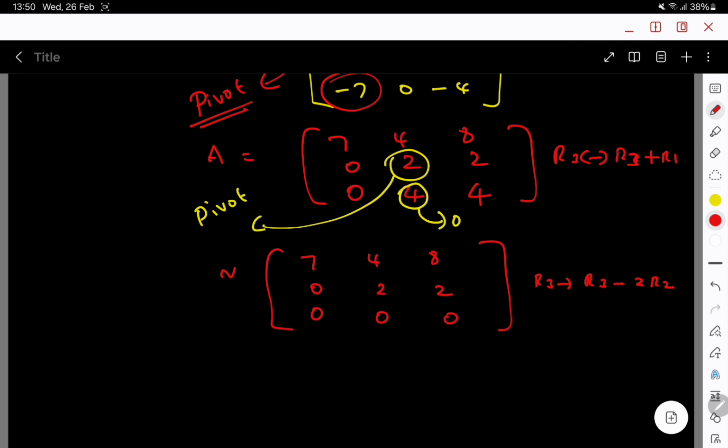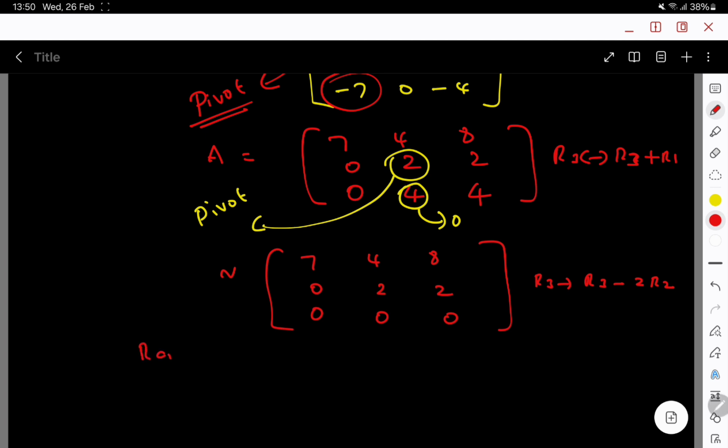Now this is an echelon matrix. In the last row all the elements are 0, which is below the non-zero rows. So we know the rank of the matrix is equal to the number of non-zero rows in the echelon matrix.